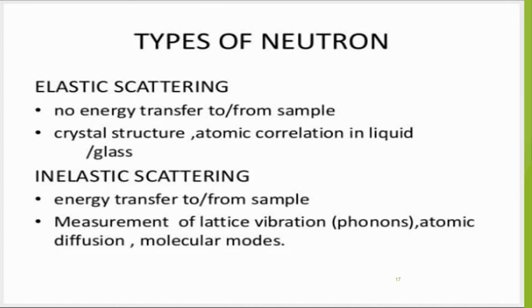In this slide, we are studying the types of neutron scattering, which show two types: elastic scattering. In elastic scattering, no energy transfer to or from the sample occurs. The crystal structure and atomic correlation in liquids and glass can be studied by using elastic scattering.